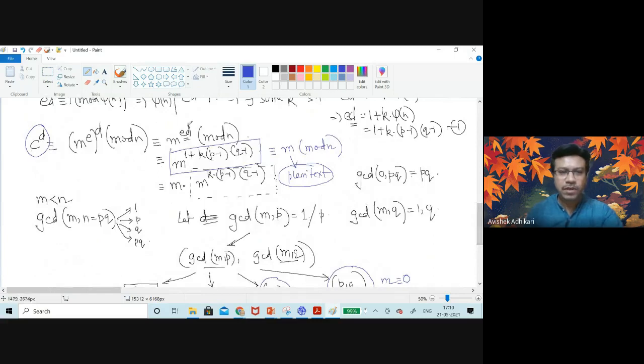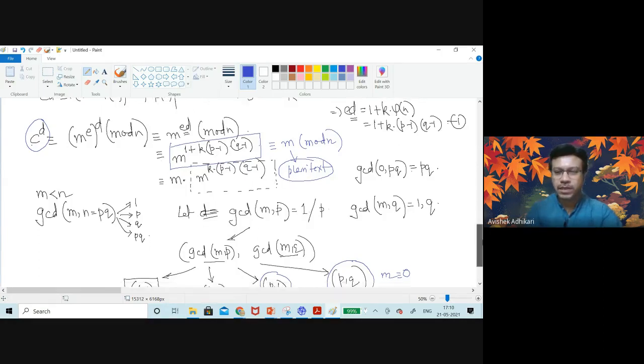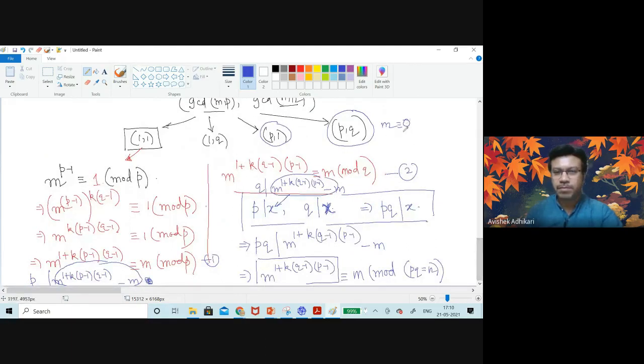In that case, m to the power this will be 0 modulo n, and 0 is the same as m. So in that case also all the sides will be 0. I'll just explain it once again. If this happens, then this means m is equal to 0 modulo n.